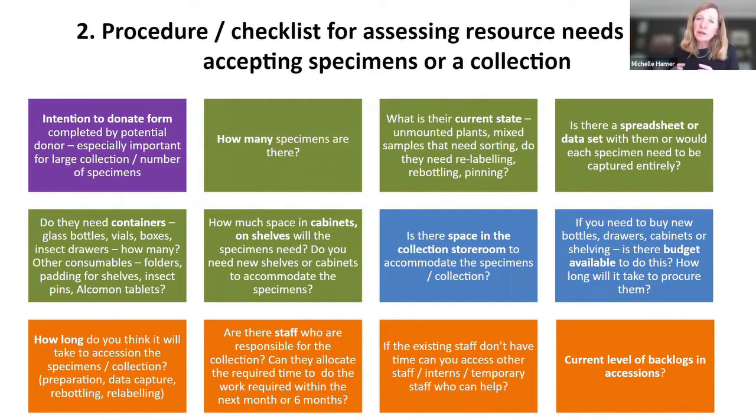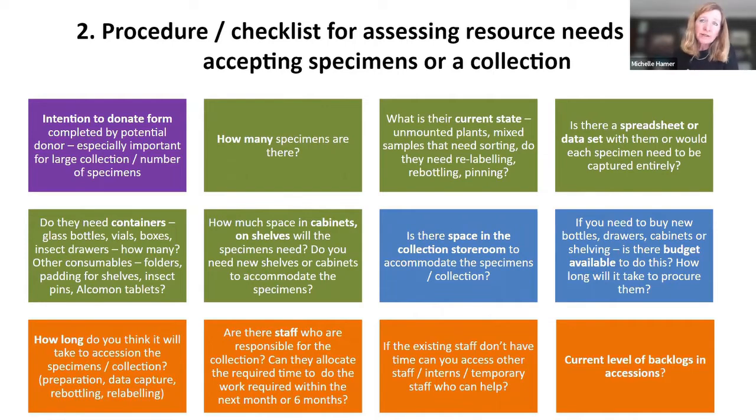And then you've got to think about your staffing capacity. How long do you think it's going to take to accession those specimens, to prepare them, to do the data capture, label them, put them into the collection? Are there staff who can do this? And can they allocate their time to do it soon? You don't want this sitting for 2, 3, 4 years.